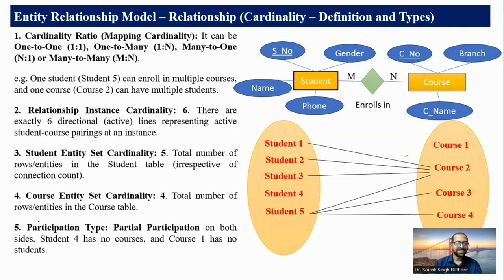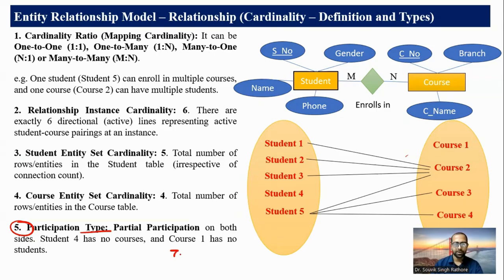Now, having seen the 3 classifications, let's see another important concept shown in the slide, which is the participation type. Participation tells us whether the participation in the relationship is compulsory or optional.